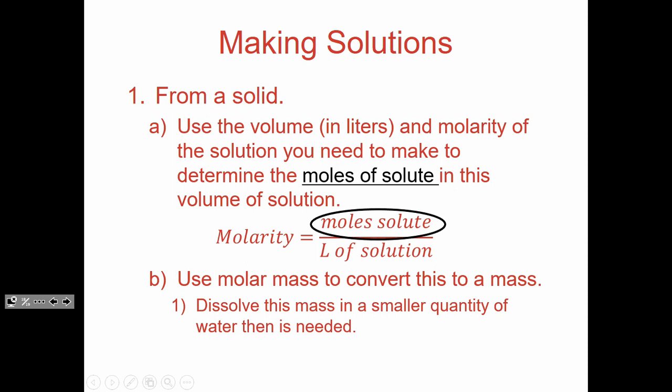So what we have to do is dissolve it into a smaller quantity of water, and then dilute it with water to the final volume. So it's a two-step process, and it's important you remember those two steps. Once we've determined the mass, we dissolve it in a smaller quantity than we need for the overall solution, and then we dilute it to that final volume.